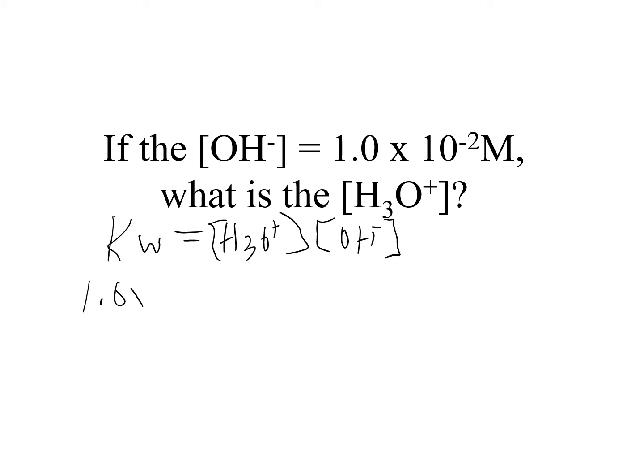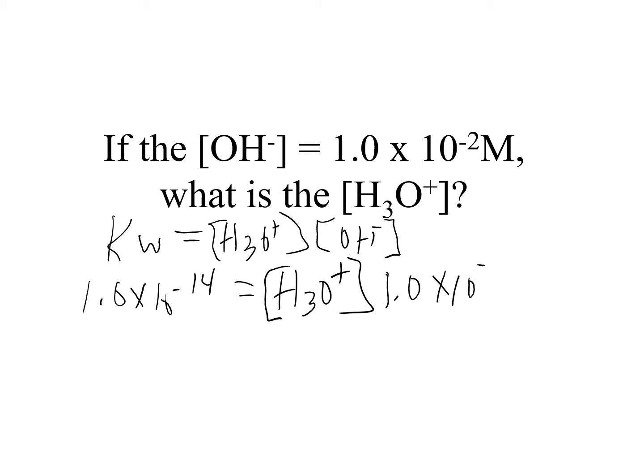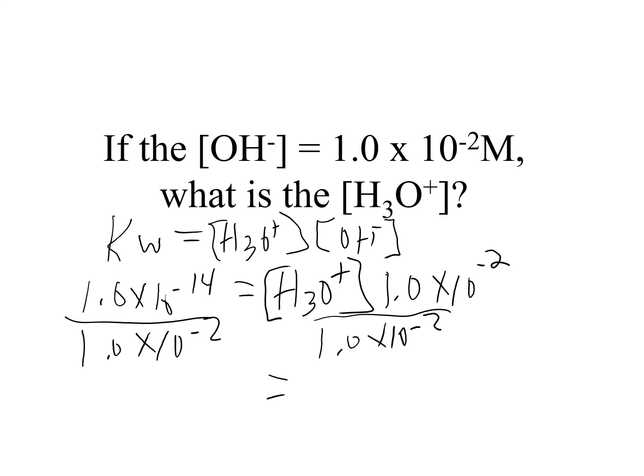I will give you the Kw, your constant. 1 times 10 to the negative 14th is equal to, we're looking for hydronium ion in this example, and we're going to plug in our hydroxide ion concentration of 1 times 10 to the negative 2. So again, we divide both sides by 1 times 10 to the negative 2, so we can isolate hydronium ion by itself to get the concentration of how many hydronium ions are in our solution.